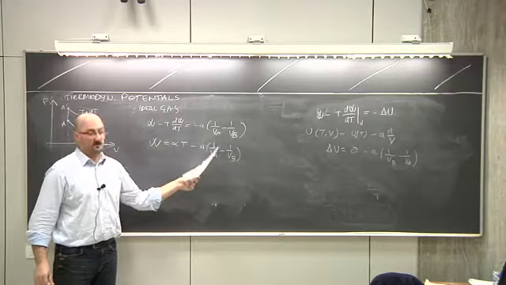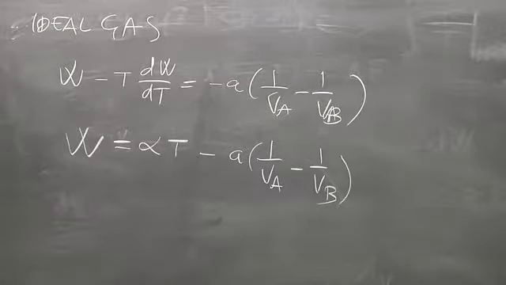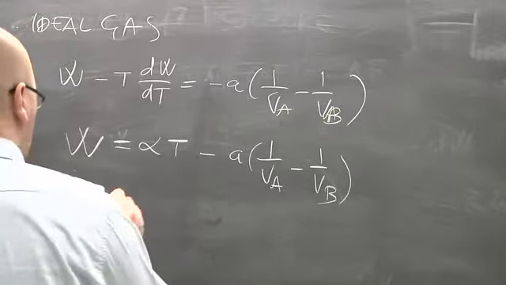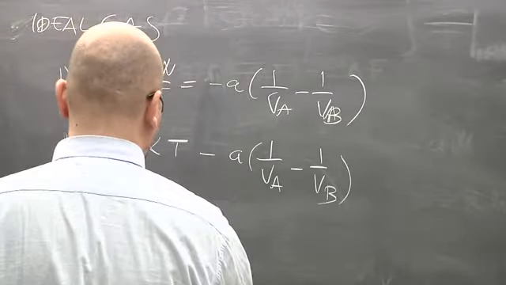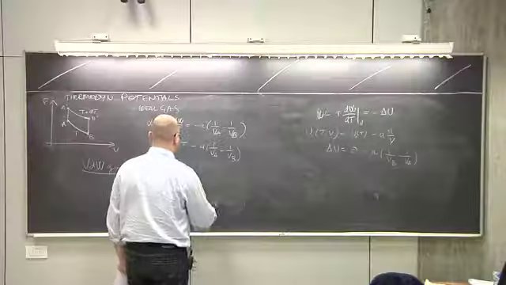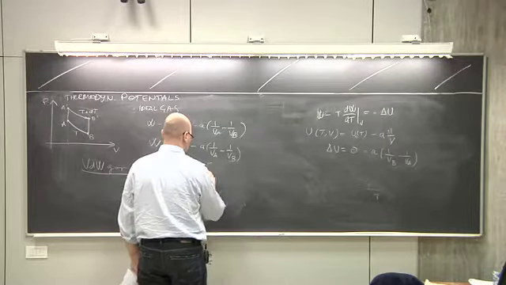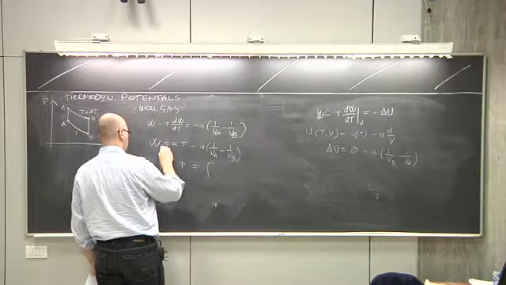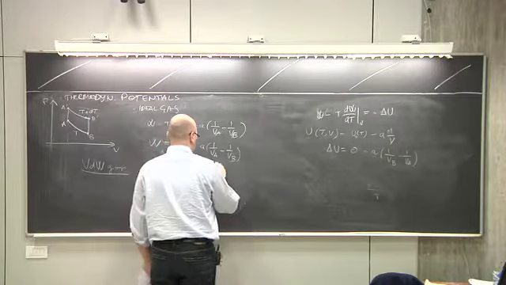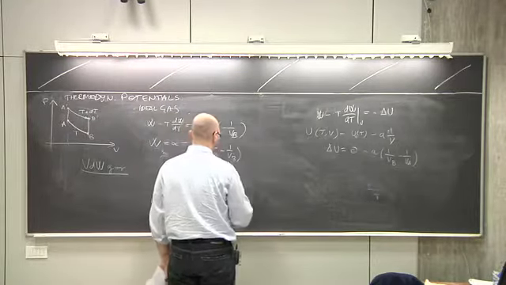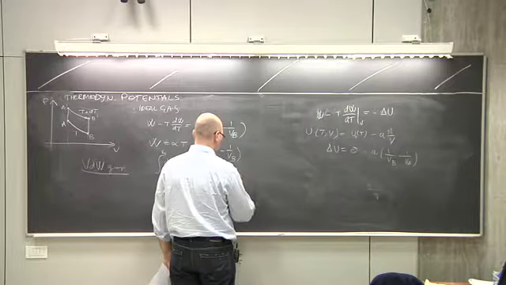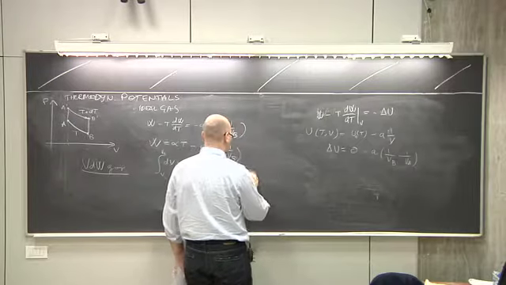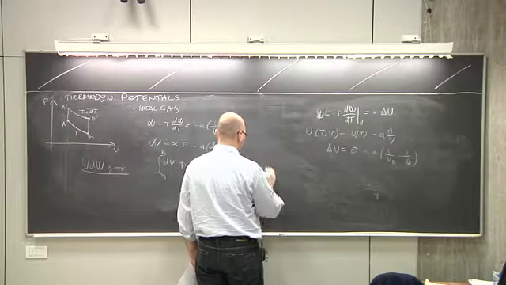And in fact, if you integrate P dV between VA and VB, P is equal to RT divided by V minus B, and then we have minus A divided by V squared.